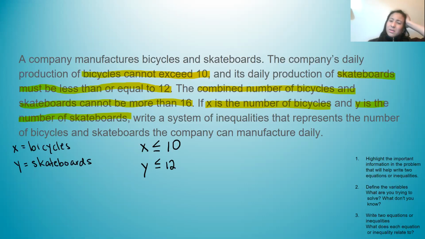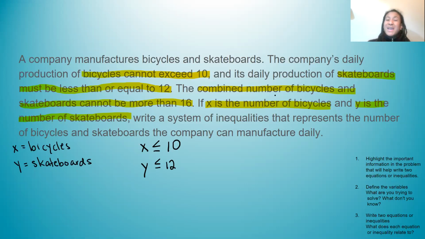But wait, there's another sentence that we highlighted. Systems of inequalities or equations just means it has to be at least 2 or more. So we have a third one in this problem. So this one says a combined number. Combined means we're talking about both.